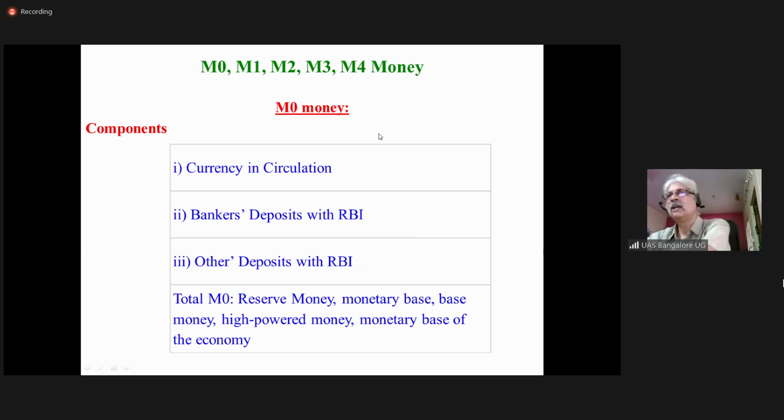They all come under M0 money, and total M0 money, combining all these three, is also referred to as reserve money, monetary base money, high powered money, monetary base of the economy. You can call it by any name. So currency in circulation, bankers deposits with RBI and other deposits with RBI put together is M0 money.